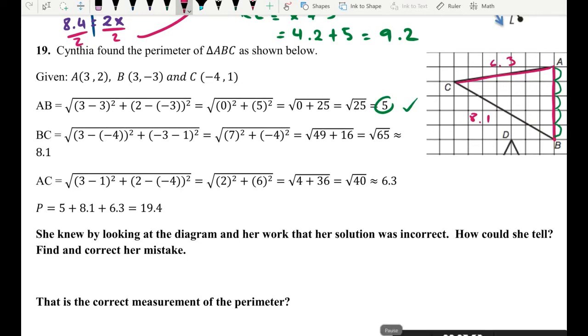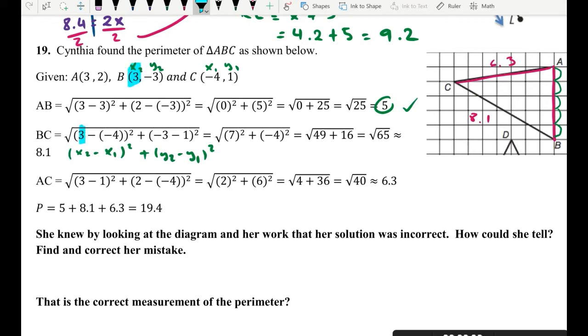So for BC, it looks like she labeled B as (x2, y2) and C as (x1, y1). She used the formula square root of x2 minus x1 squared plus y2 minus y1 squared. x2 is 3, so you plug in 3, that's correct.